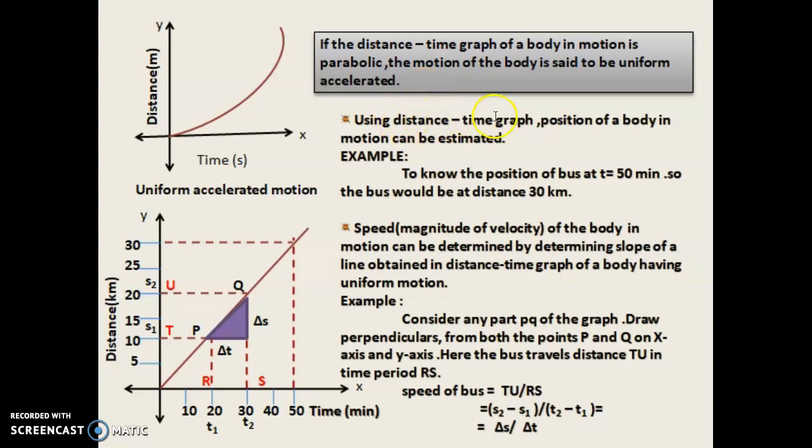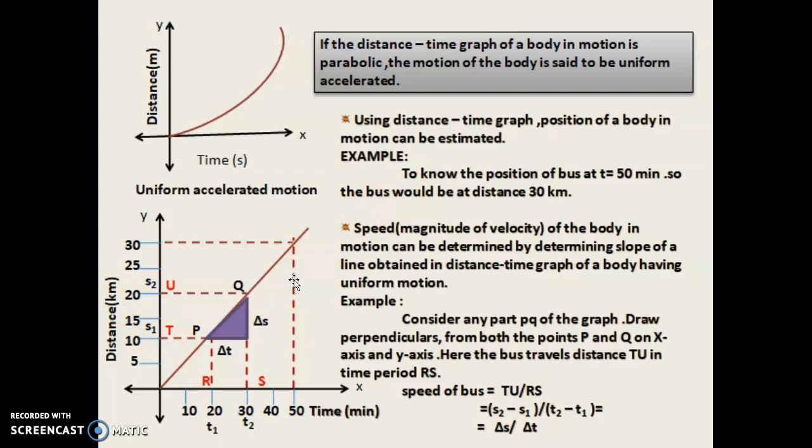Using the distance time graph, the position of a body in motion can be estimated. For example, to know the position of the bus at the time 50 minutes, the bus would be at a distance of 30 kilometers. Now look at this graph. In this graph, time is along the x-axis, in minutes, and distance is along the y-axis, in kilometers. Here you can find the position of a body in motion.